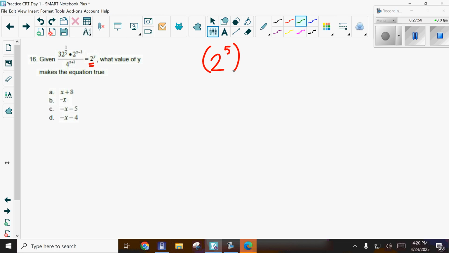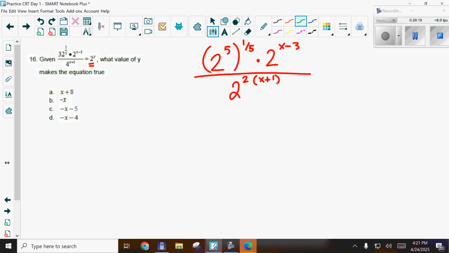Now that 32 happens to already have a 1/5 on there, so I'm just going to kind of put that back. And then this is times 2 to the x minus 3. Now on the bottom, this is 2 squared, but it already has x plus 1. So I'll put x plus 1 up here.